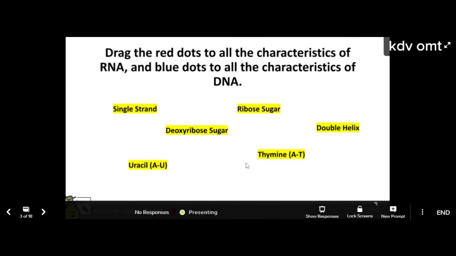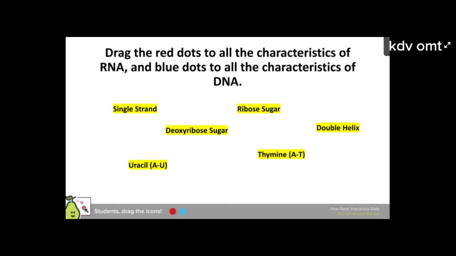So go ahead. Right now, drag red dots to all the characteristics of RNA and blue dots to all the characteristics of DNA. I'll give it a second before I show you what people will put. Yeah, it's little things like that when we do these that we always forget.